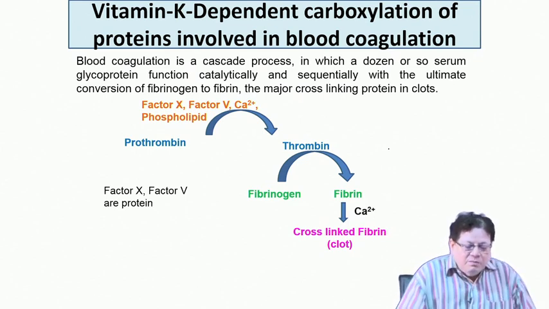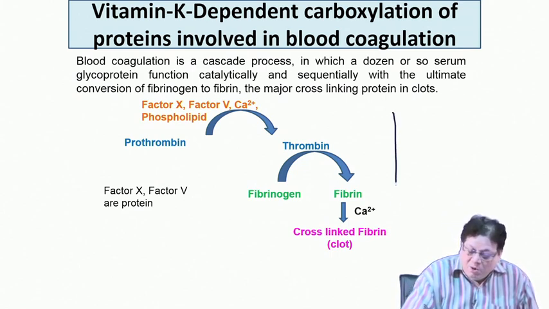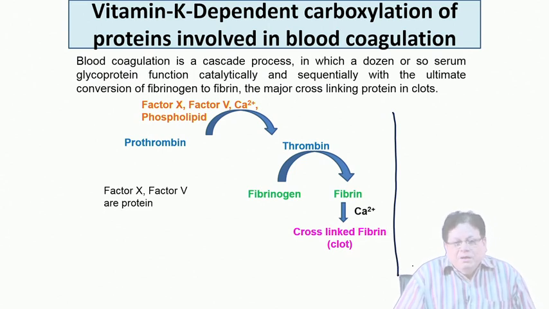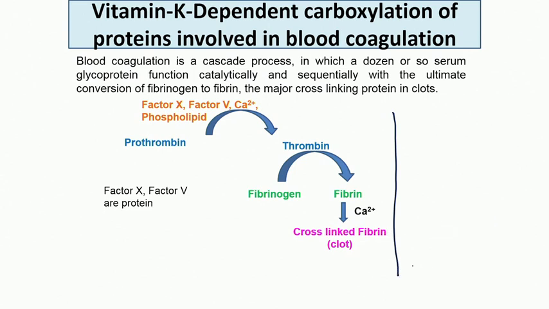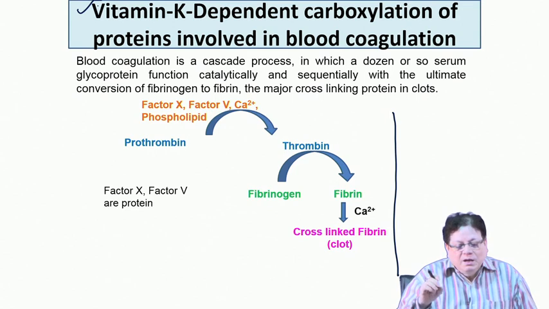Now, the next coenzyme that we are going to discuss is what is called vitamin K. This K actually stands for coagulation, but in the German language it starts with a K, so that makes it vitamin K. Blood coagulation is involved whenever there is a cut.